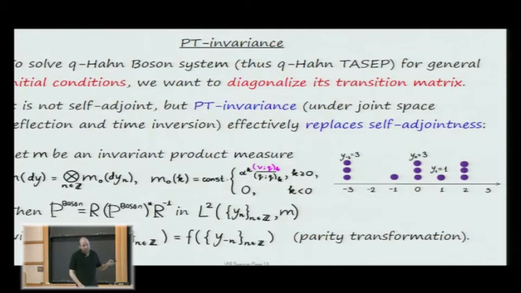So what it means functionally is just that if you can compute right eigenfunctions, then you get left eigenfunctions just by basically applying this parity transform and multiplying by this factor. So it's not an issue that it's not self-adjoint. You just need to deal with left and right eigenfunctions. And when you decompose initial data, you decompose it onto the right eigenfunctions, and when you recompose, you do it with respect to the left eigenfunctions.